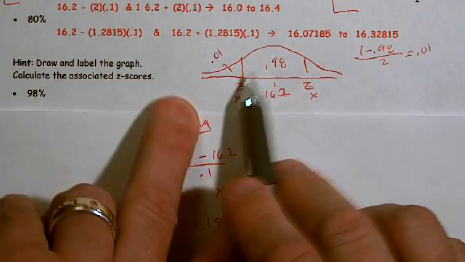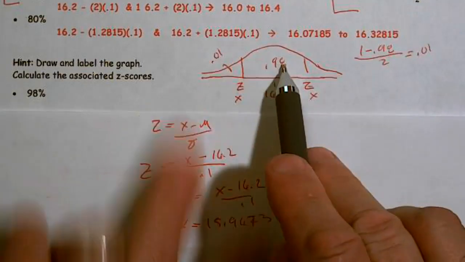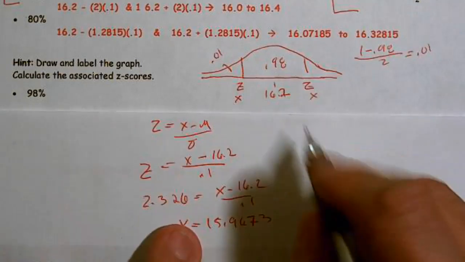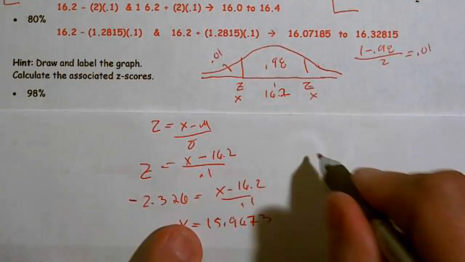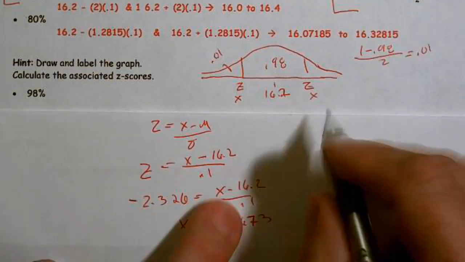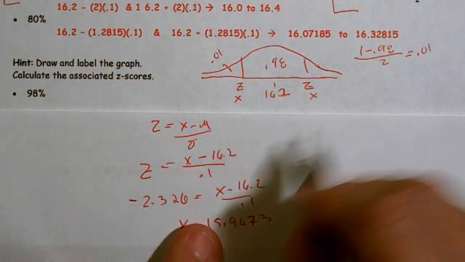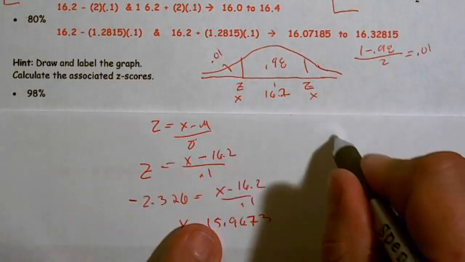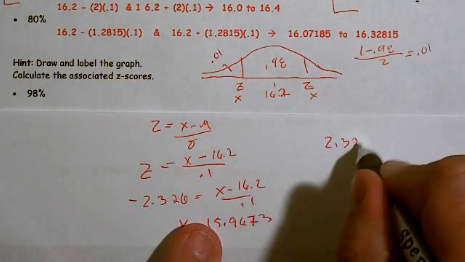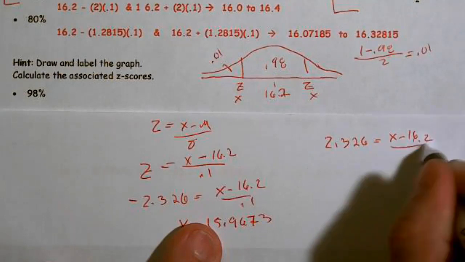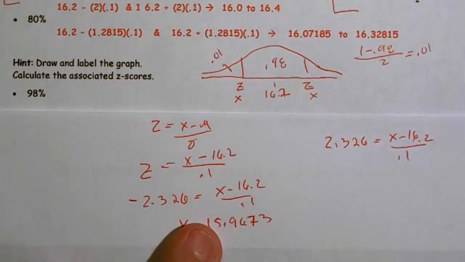Now I need to do the upper side. Well, 0.01 to 0.98 tells me that I'm working with 99%. All right, that should have been a negative z-score. So because this is symmetric, my z-scores are going to be symmetric. So this is going to be 2.326 equals x minus 16.2 over 0.1.